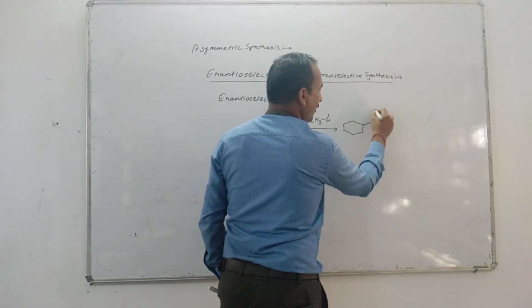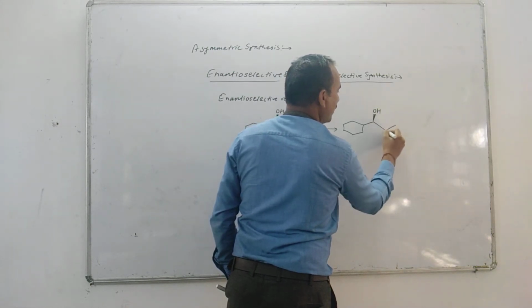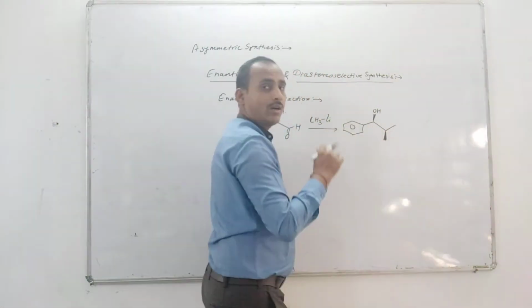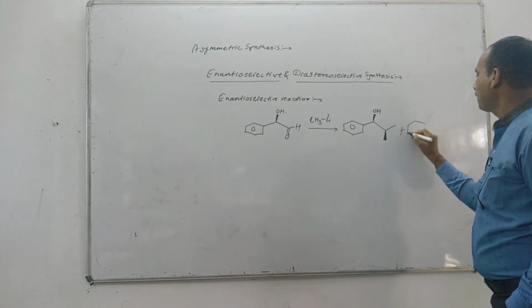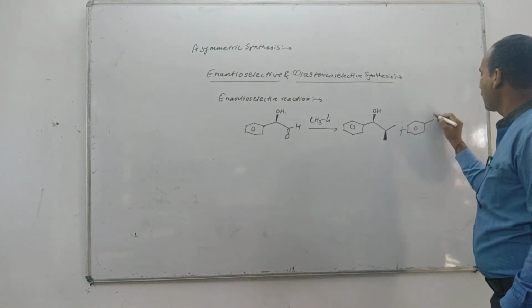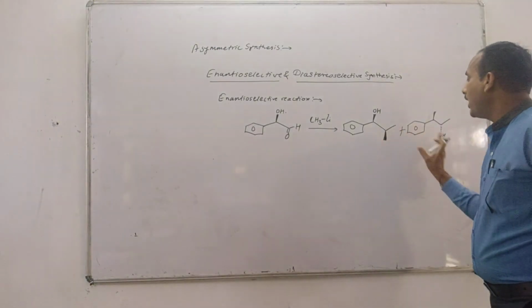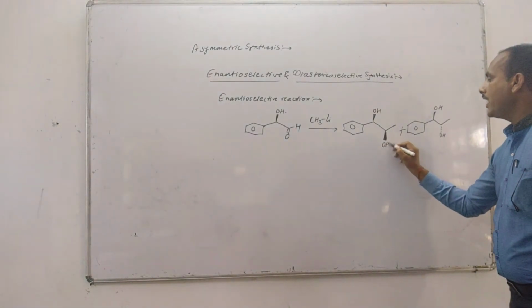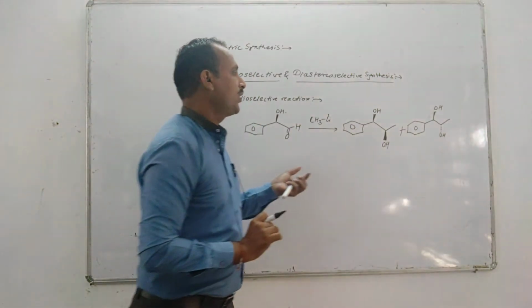The OH remains as it is. Here one isomer is this, and another isomer is this. So these two isomers are diastereomers.